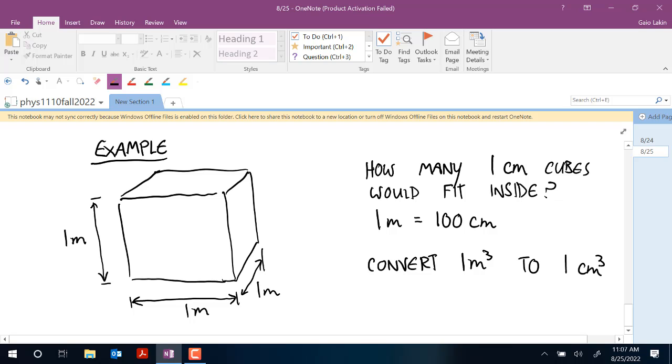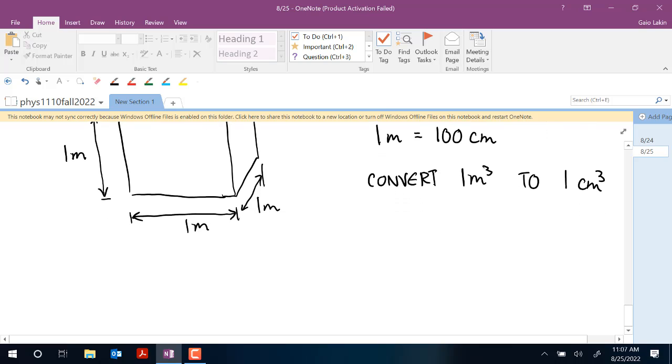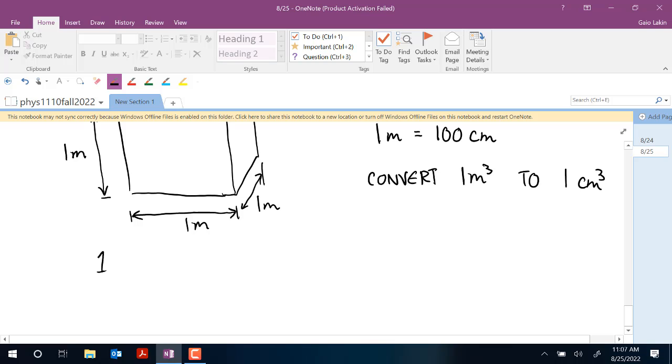Okay. So we'll start out with our original value of 1 cubic meter, and I'll write that as 1 meter times meter times meter. And then one by one, we're going to convert each of these meters to centimeters.